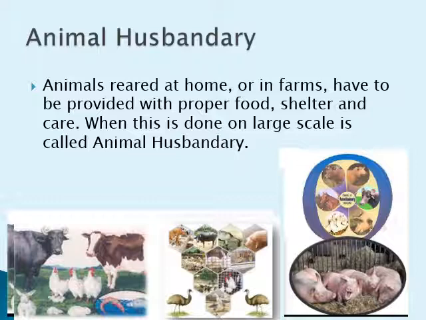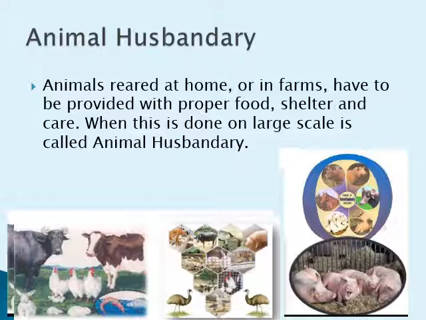Dairy farming tells us how cows as well as buffaloes are being raised. They are provided with proper food, shelter, their breeding process is done, as well as the product, that is milk, we obtain and it is beneficial for the people.